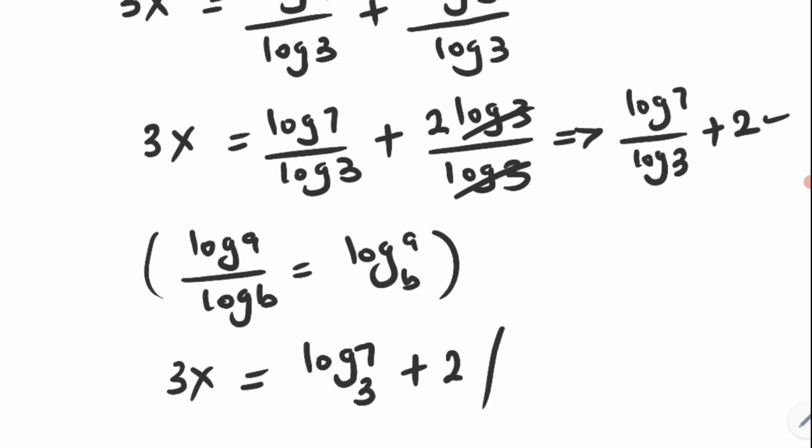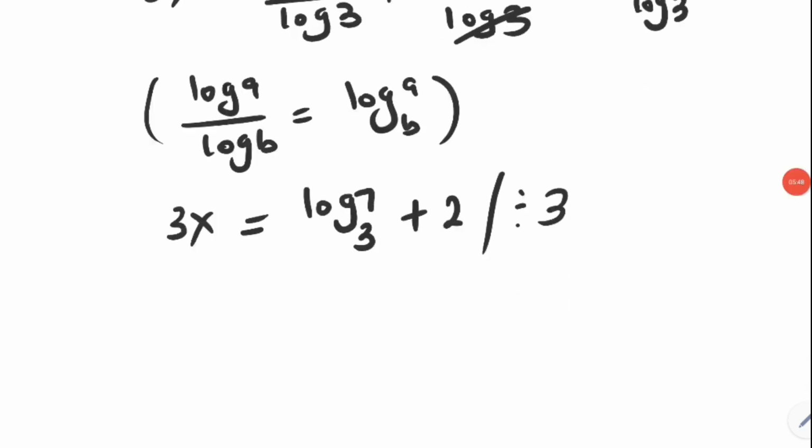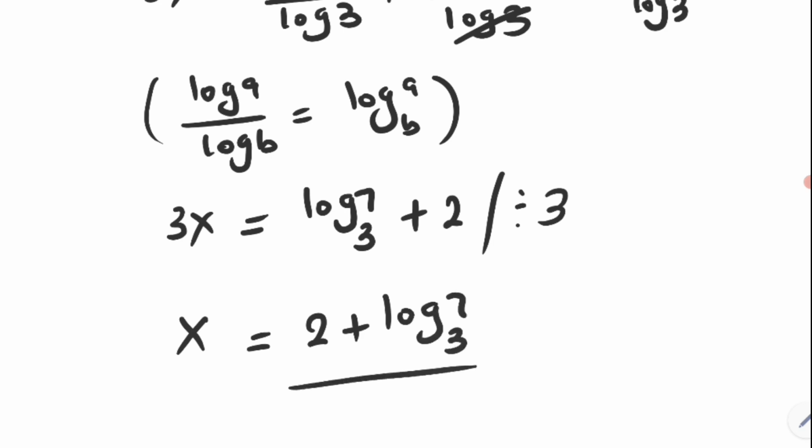Now, if you divide the whole of this equation by 3, then x is equal to 2 plus log 7 base 3 over 3. And this is the final answer.